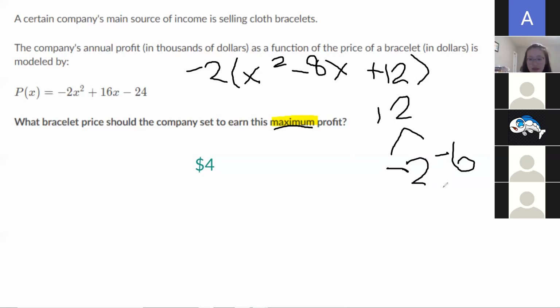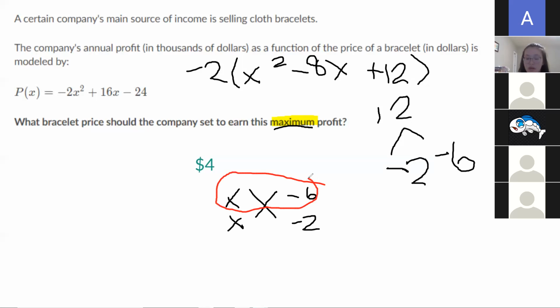Okay, so now that we know that, let's write out our cross method. Circled in red are the groupings that we have.